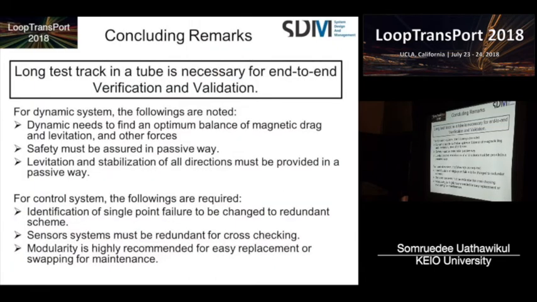In conclusion, a long test track in a tube is necessary for our verification and validation.